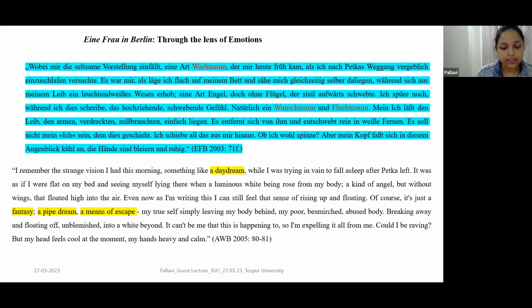She compares herself to an angel, but an angel without wings. As a result, she appreciates her existence. She also explicitly describes her emotional state by saying, I can still feel the sense of rising up and floating. Here the verb is feel, the adjectives are uplifting and floating, and the noun is Gefühl, or feeling.